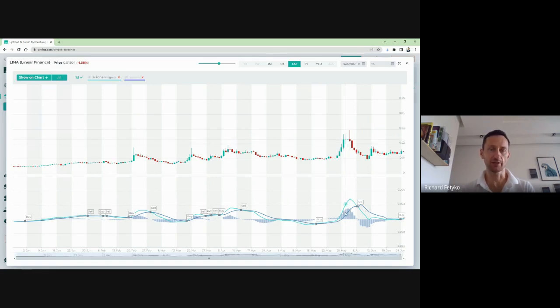The gist of it is that when there's a pullback like here, we got a sell signal, then the price kept going lower and lower, and the blue bars kept getting deeper and deeper, until at one point the blue bars begin to rise again.